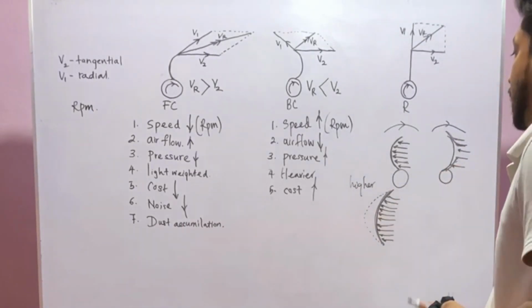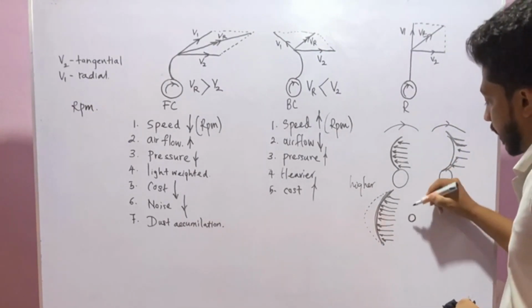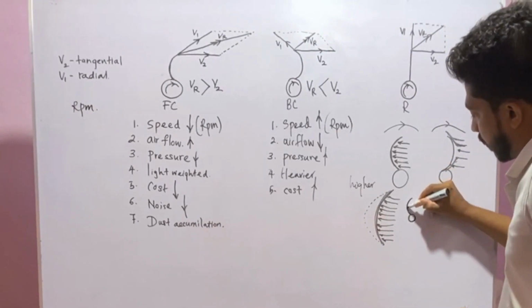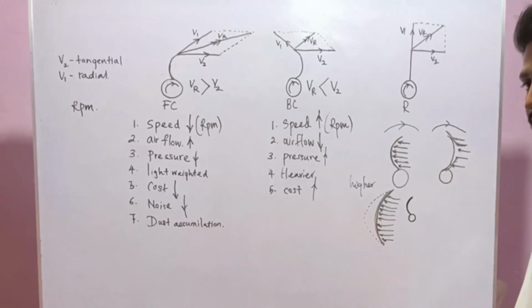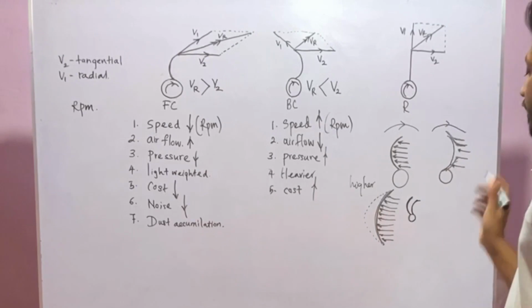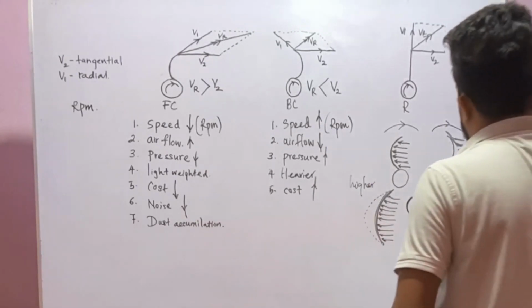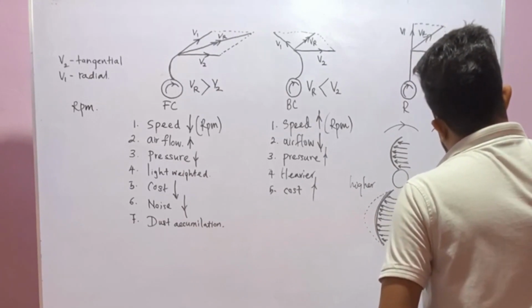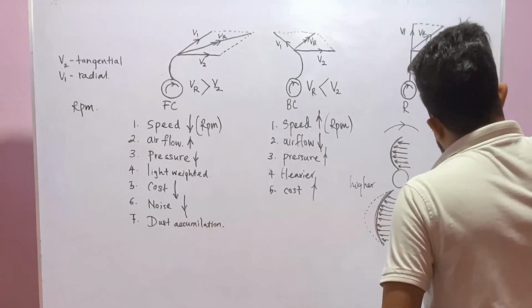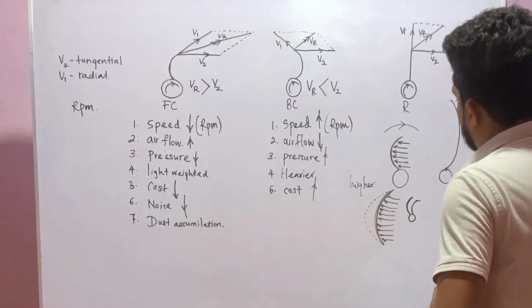Because of that, forward curve blade length is less, not very much. Blade length is less compared to the backward curve fan. Backward curve fan does not have an issue like this. Because of that, they can increase the blade length.